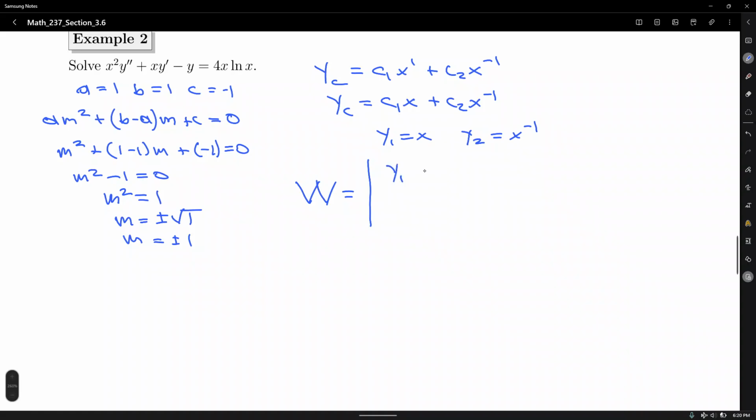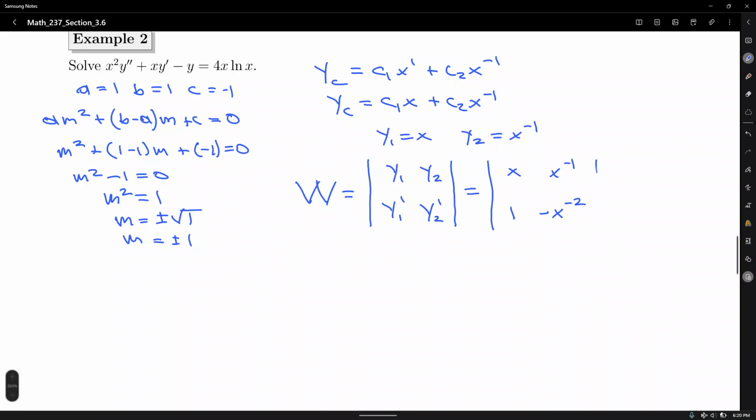So that is y1, y2, and then the second row would be the derivatives of these two elementary solutions. Okay, so that is x and x to the -1, and y1 prime, the derivative of x, which is easy, that's 1. The derivative of x to the -1, be careful, that's -1 times x to the -2.